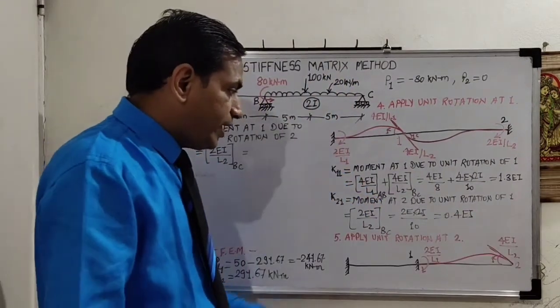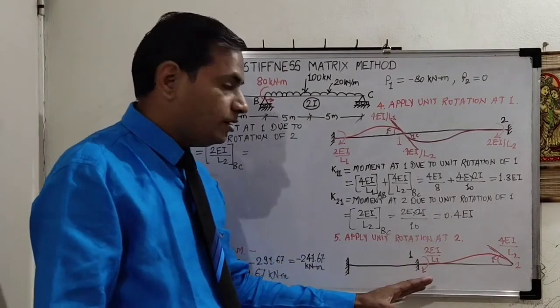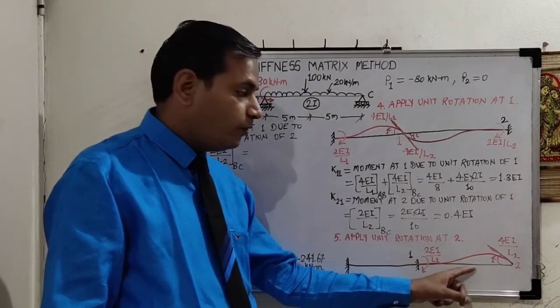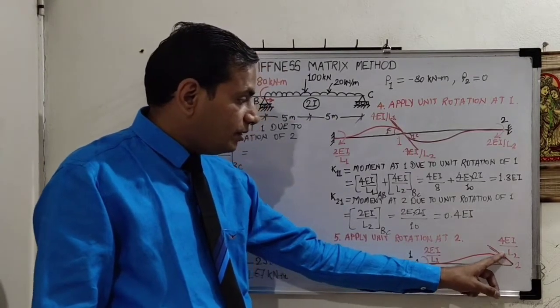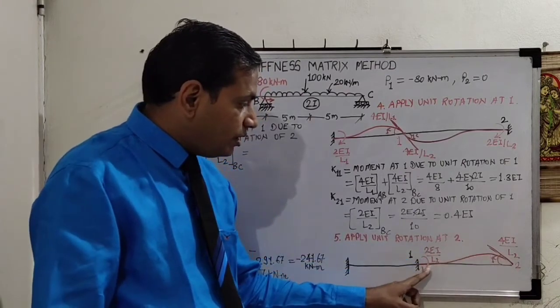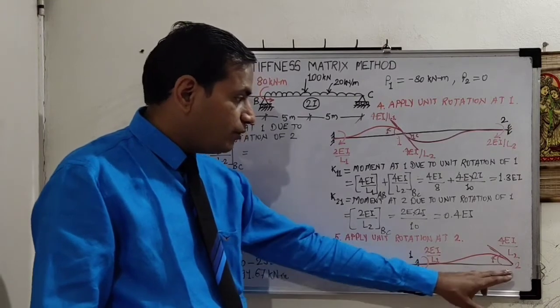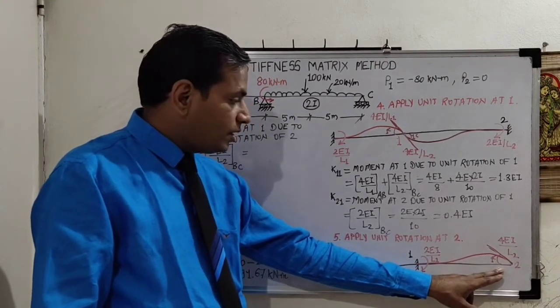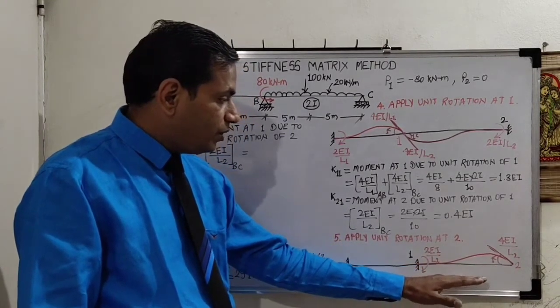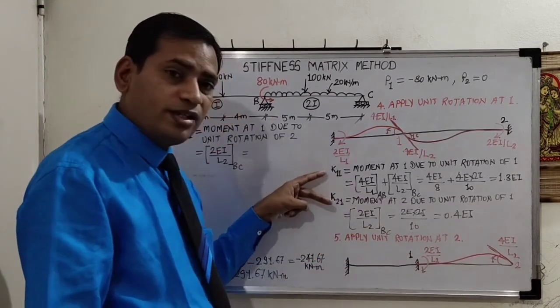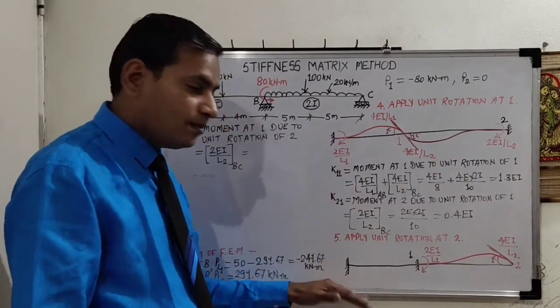Now we will take our second unknown, theta C, and we will make its value 1. We will apply it here, and as we can see, I have written here the two stiffness values, the reactive moments because of unit rotation of 2, and then we will note down two more additional stiffness values from this step.